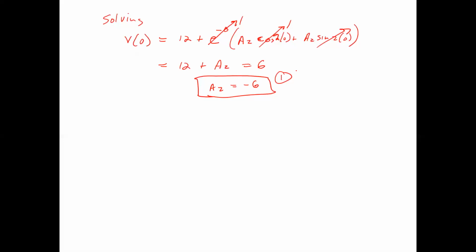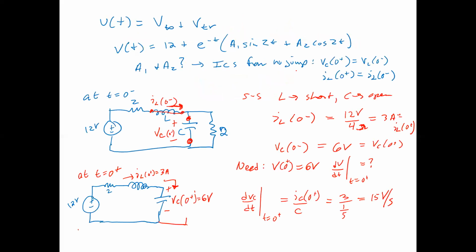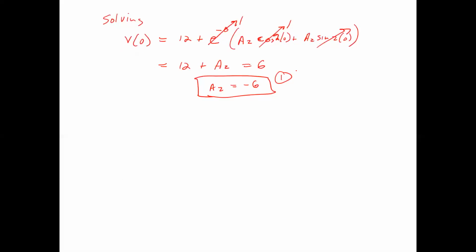Let's see, what did we decide was the coefficient of the cosine? The cosine was A2, the sine is A1. We have to stick with that.